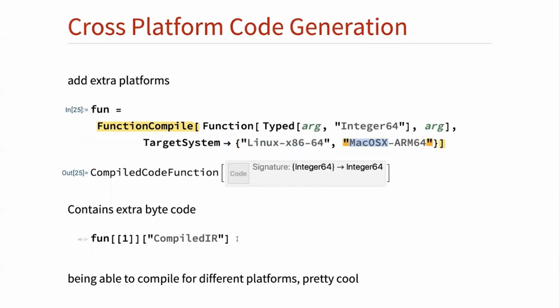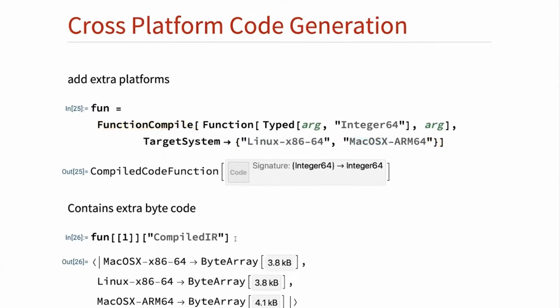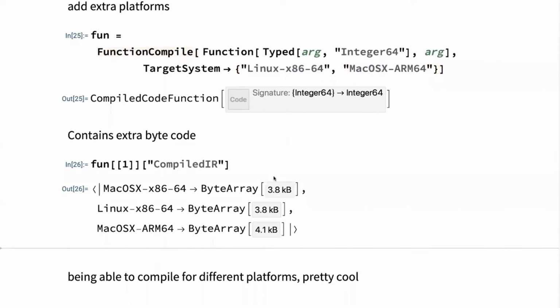And it's all packaged up in this compiled code function. And when you look at the compiled IR, we see this, and this is stored in a way that can be rehydrated very efficiently. So if I sent this compiled code function to one of these other types of machines, it would start working. But I created it on this one machine.